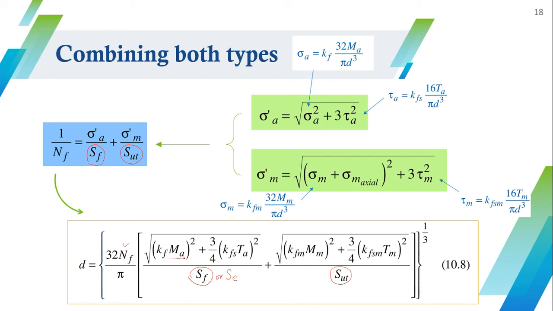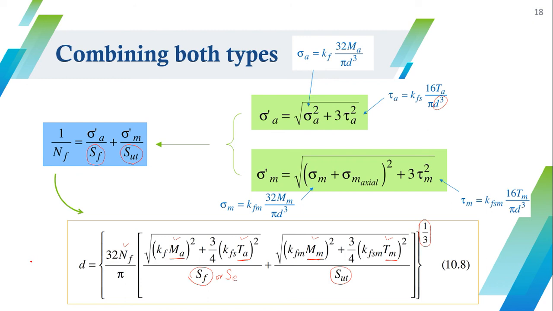Then we have alternating components of bending moment and torque. Then we have mean components of bending moment and torque. And since we had d cubed in all of the expressions, when we convert it into d, we have the cube root of the whole expression. So this can be derived.